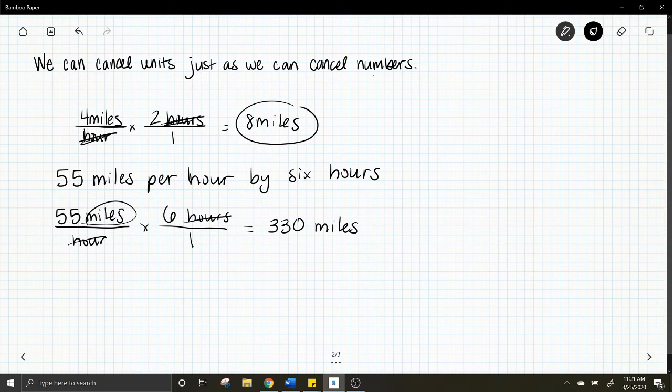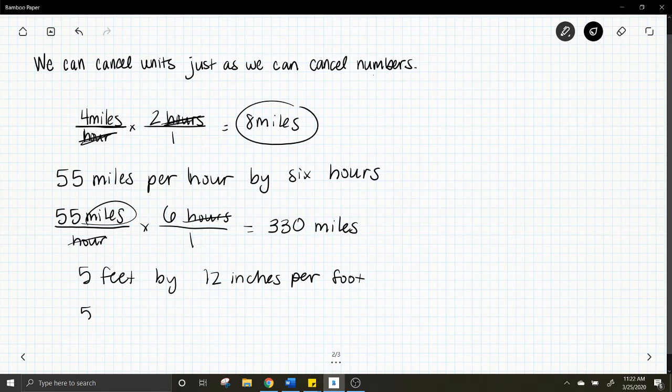But we're going to go through, I'll walk through the practice set with you and show you an example in which you would cancel your numbers as well as your units. Now example 2, it says multiply 5 feet by 12 inches per foot. So let's think, how do we translate this numerically?